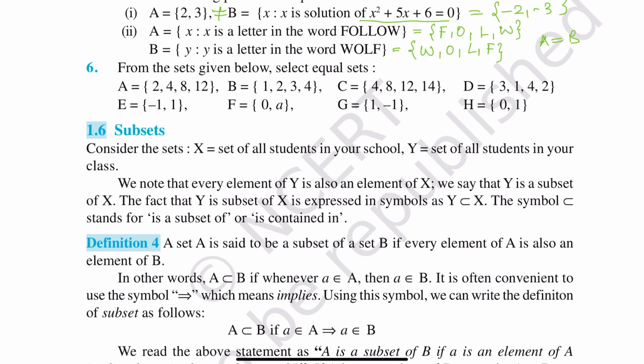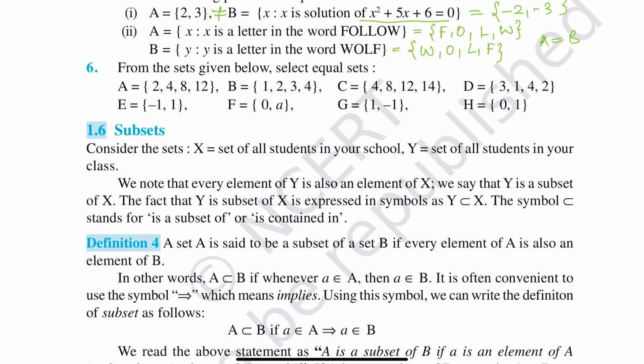Now B: 1, 2, 3, 4 and look at C. So B and C are not equal but B and D are equal because here is 1, here is 1, here is 2, here is 2, here is 3, here is 3, here is 4, here is 4. So B equal to D. And E and G are also equal because this is -1, this is -1, this is 1, 1.